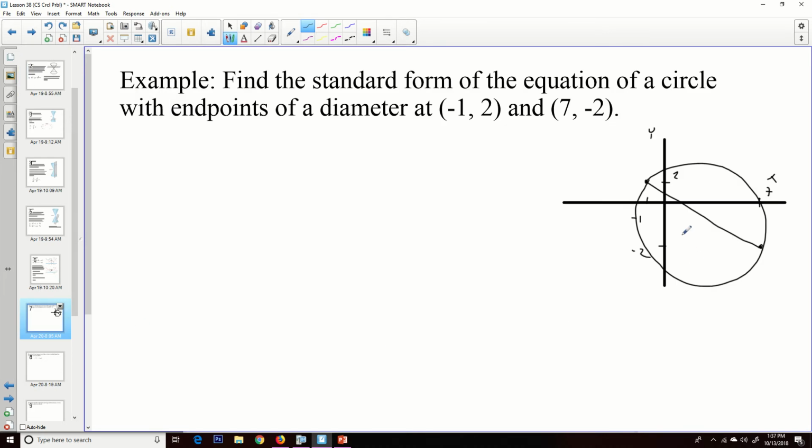So in this particular problem, I need to find what that point is, h and then k, and then I need to find out how long that value is right there, r. Since this is a diameter, one of the things I need to do is find the midpoint of the diameter.